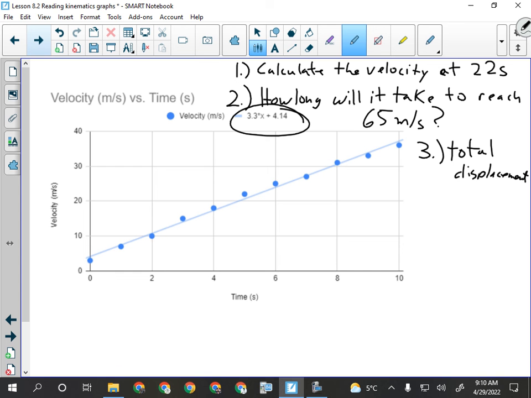Okay, so the equation of the line here, y equals 3.3x plus 4.14. Okay, so 1 and 2 require you to use that. Question number 3 does not. Okay, although you actually do need some of the numbers from the equation for number 3. You're just not going to manipulate the equation for number 3. Okay, I'll give you a few minutes on that, and then we'll go through it together.